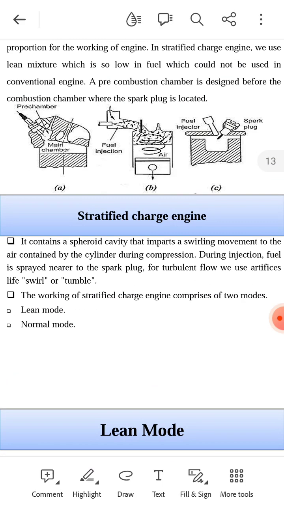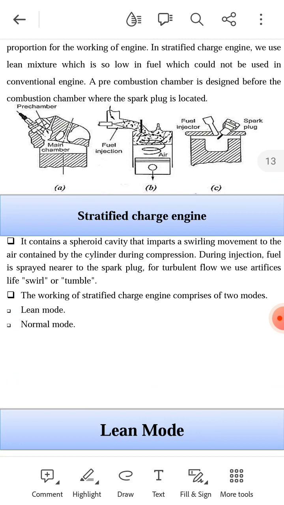It contains a spheroid cavity that imparts a swirling motion to the air contained in the cylinder during compression. During injection, fuel is sprayed near the spark plug. For turbulent flow, we use artificial swirl or tumble.